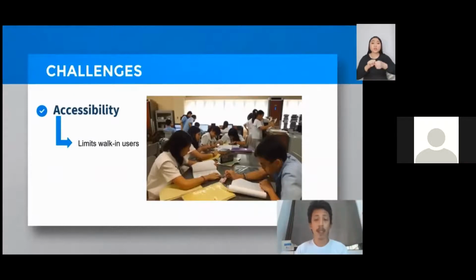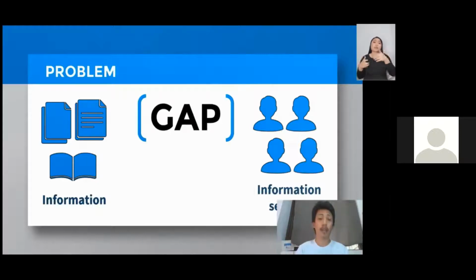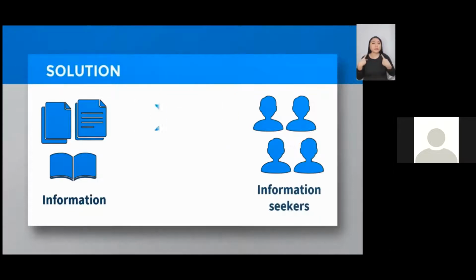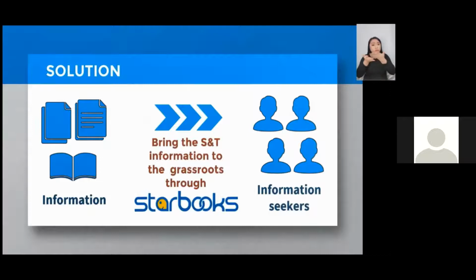So, kaya dahil dito, nagkakaroon po tayo ng gap or tinatawag nating information gap between our collections and our researchers or information seekers. Yan. So dahil dito, kaya po nagkaroon ng inisyatiba na dalhin yung mismong information doon sa mga nangangailangan sa pamamagitan po ni Starbucks.